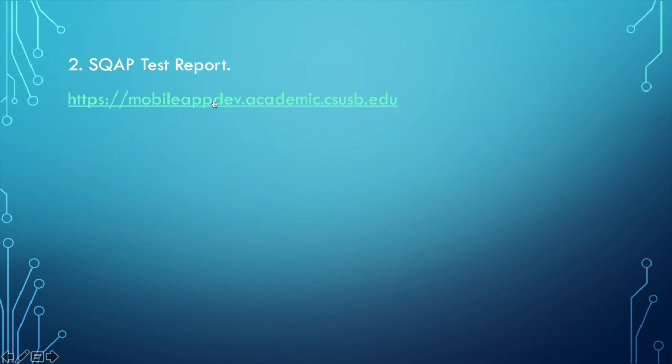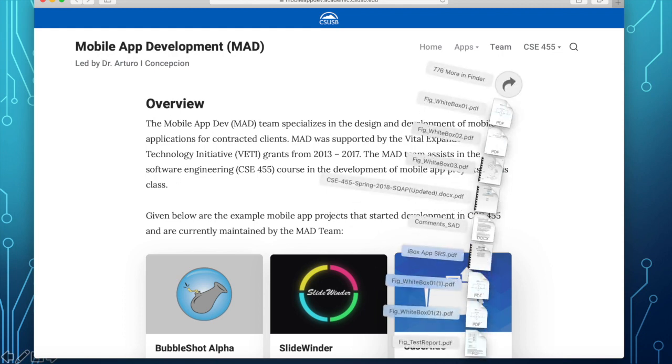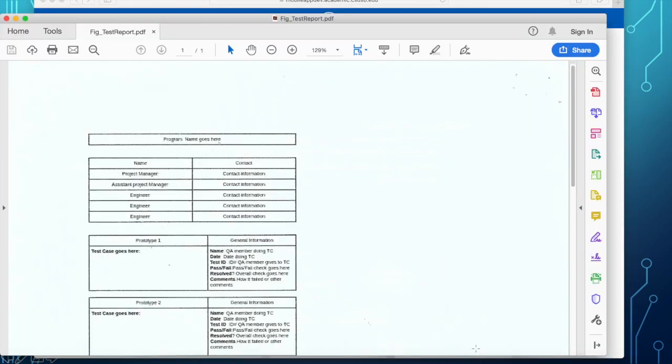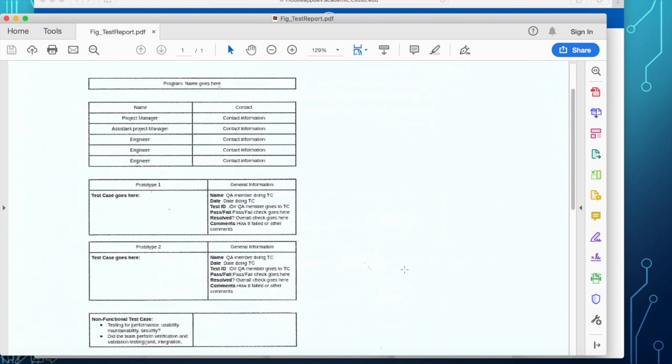Okay, let me show you the current test report that the QA teams have come up with. Okay. So this is still preliminary, and they are still consulting with me about the best way to do it. All right.